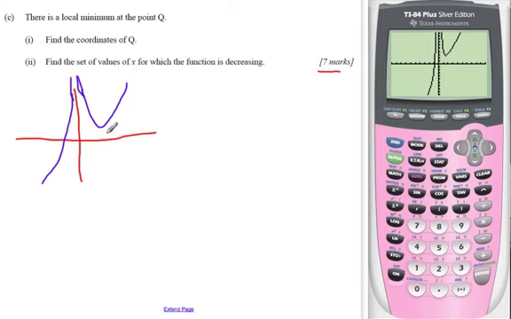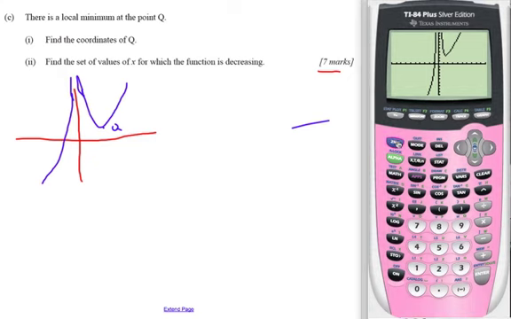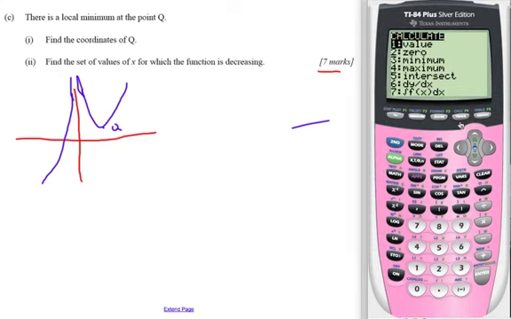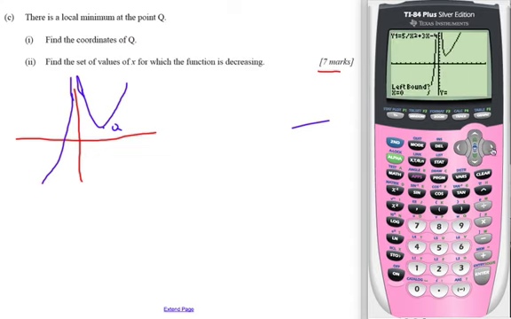Let's work out point Q, down the bottom there. All we have to do is go second calculate, the minimum. Let's wait till we can see our cursor there. Somewhere to the left of the minimum, enter.